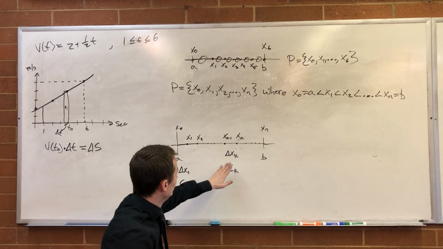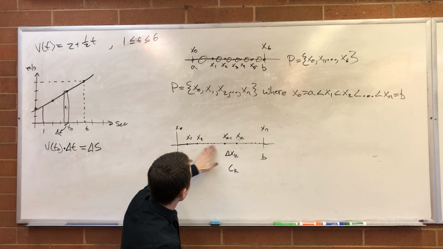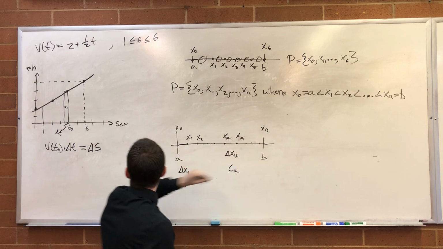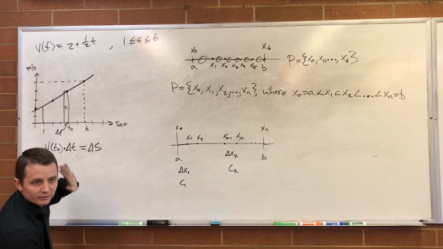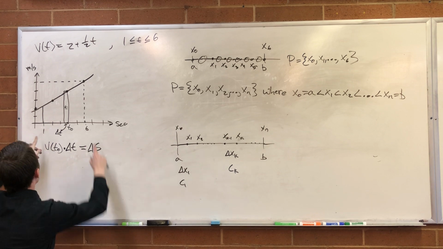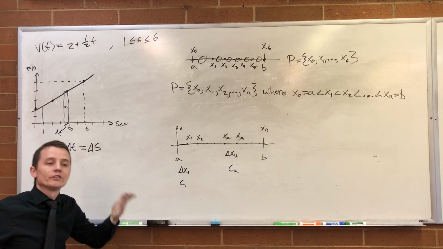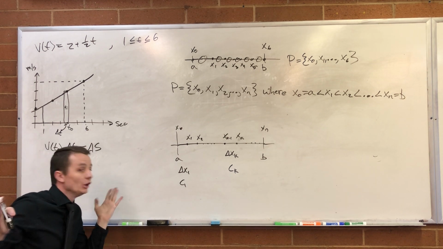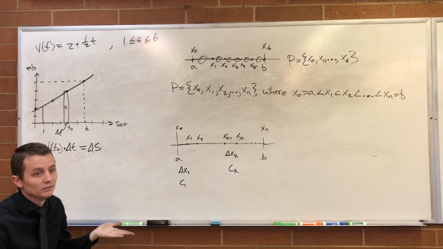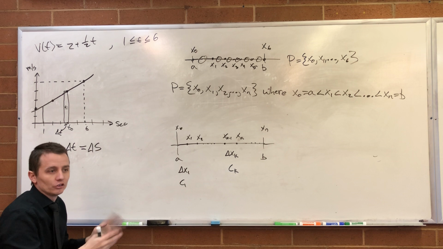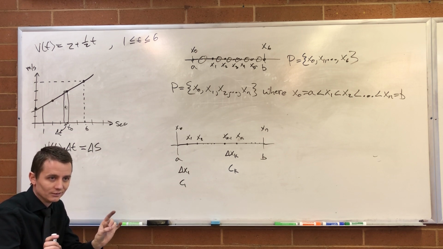Okay. So notice that creating a partition, we created a partition of even pieces, right? We divide this into n even pieces. Well, it turns out in the precise definition of an integral, you don't have to divide them into even pieces. You can partition it up however you want, as long as your partition follows some rules.